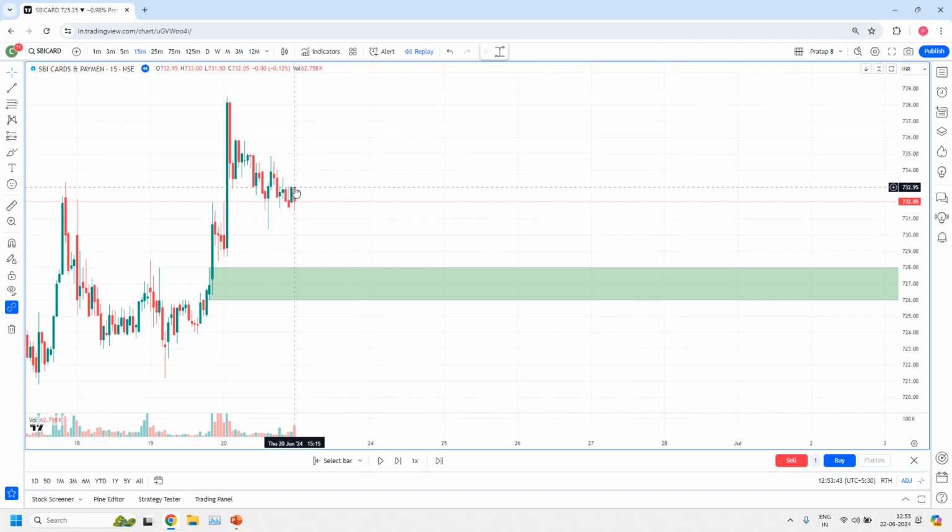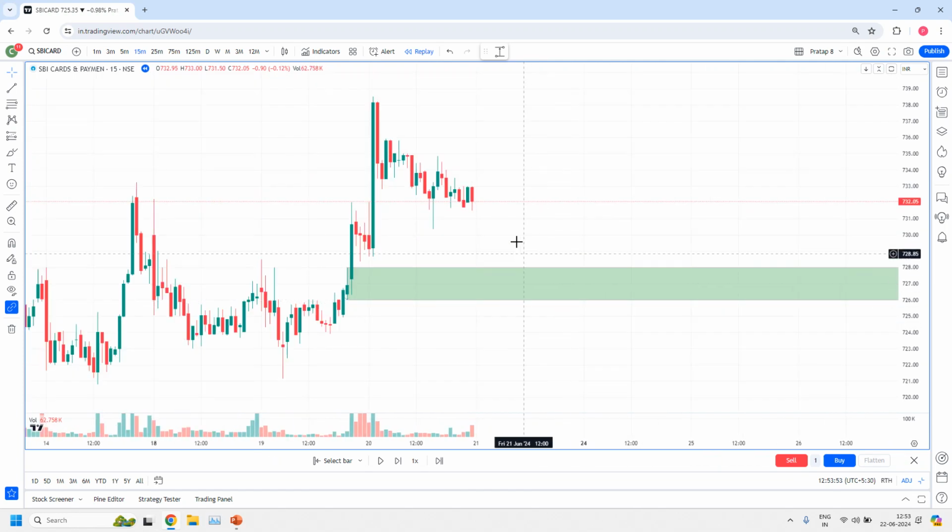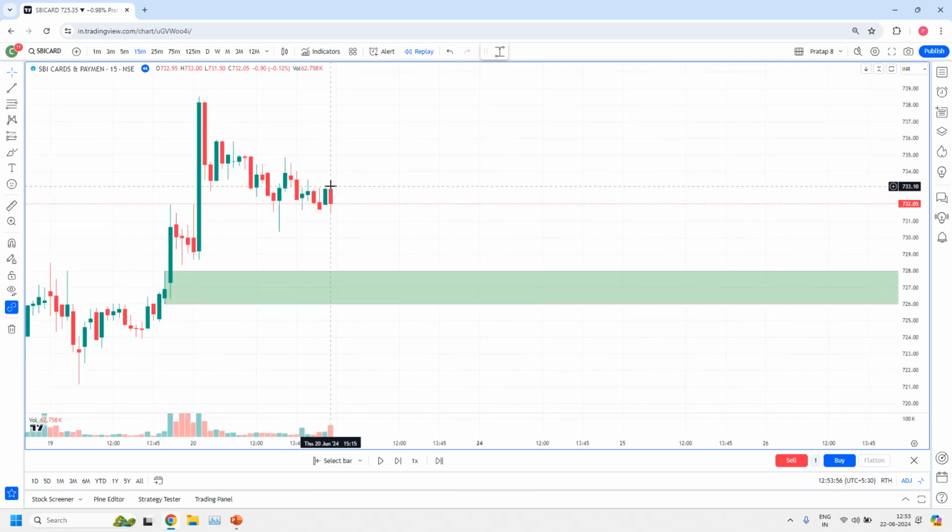This is 20 June 2024, because some people may look into this report after 1 year or 2 years. These are training lessons they may go through, so that's why I'm telling you the timestamp. The last candle is a 15 minute candle, on Thursday, 20 June 2024, 15:15. This is the market close.